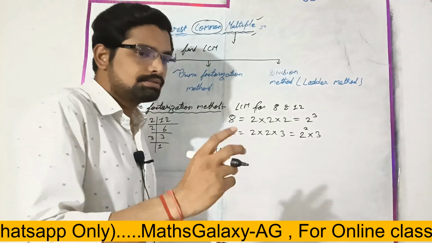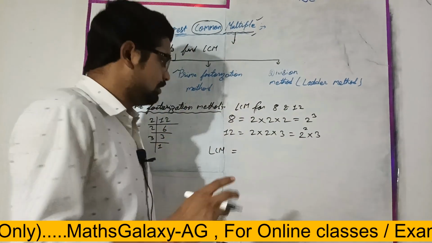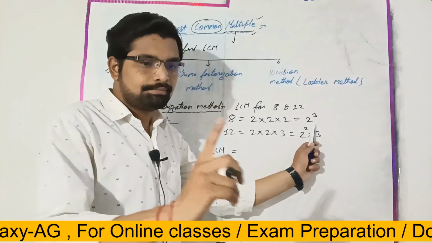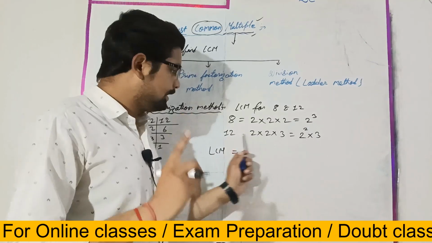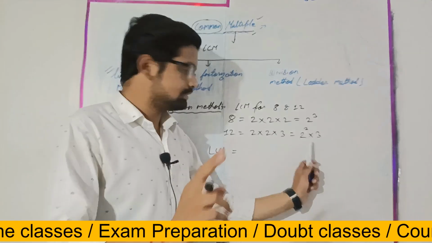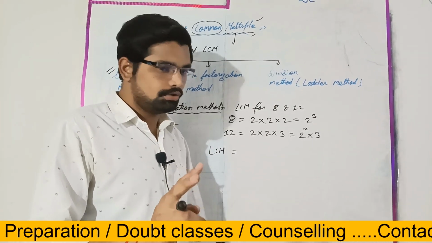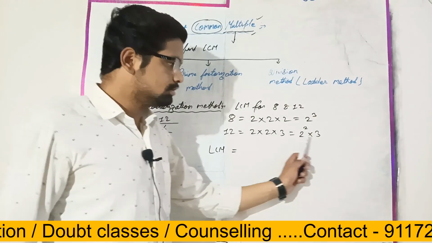Highest power of the prime factor. Here you can see that in 8 there is only one prime factor, that is 2, and in 12 there are two prime factors, 2 and 3.